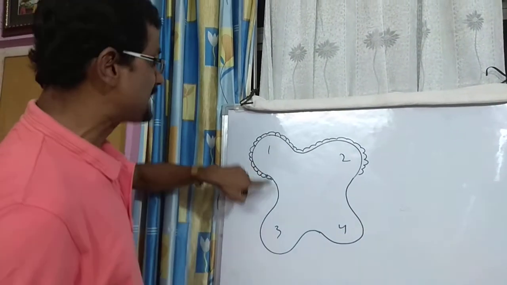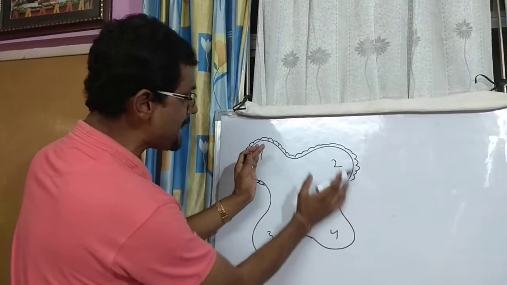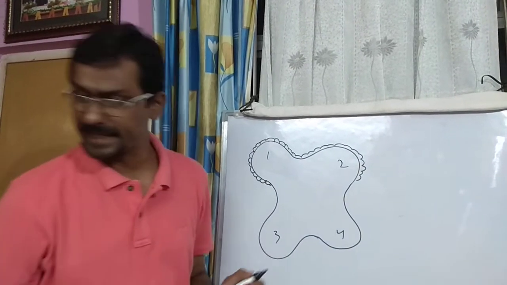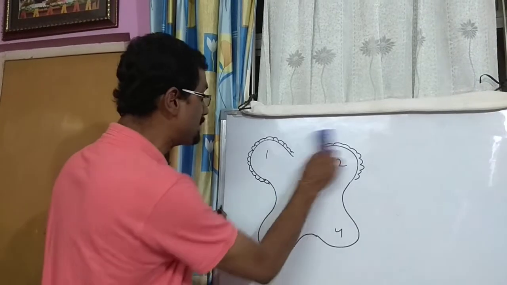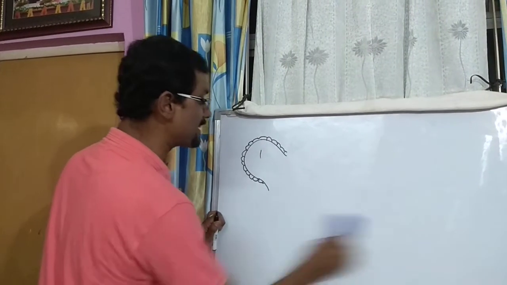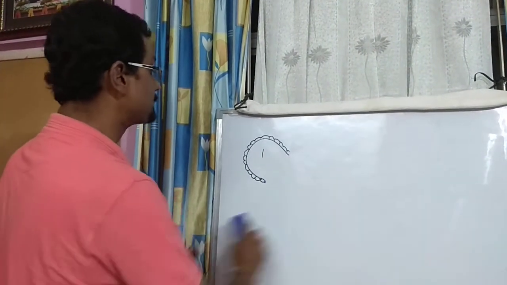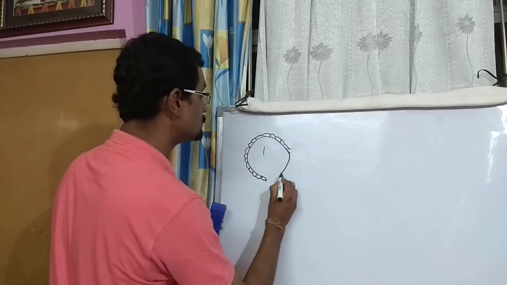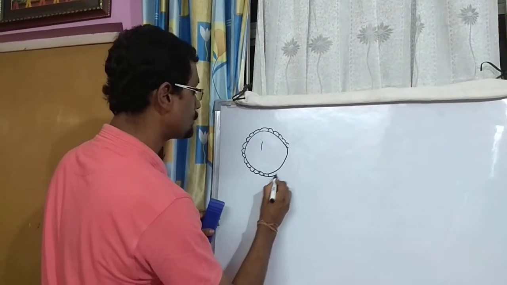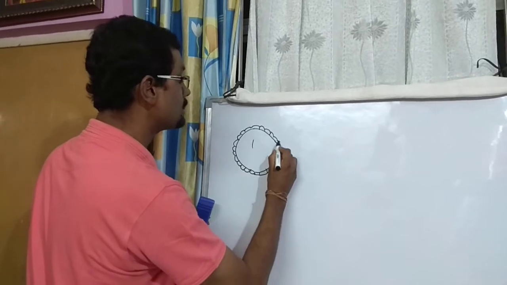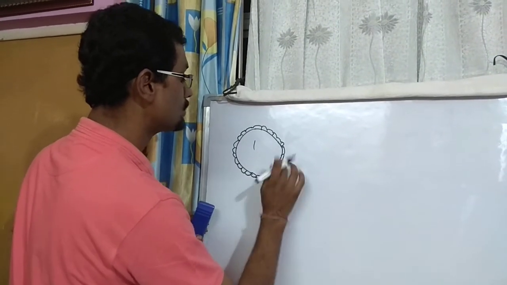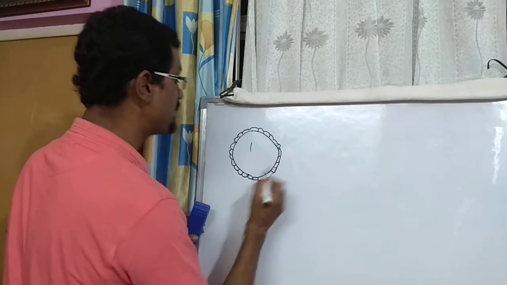Now, this has the same structure all throughout. So instead of taking this 4, I will be taking 1 for the explanation and it will become easy for you to understand. This is the epidermis.